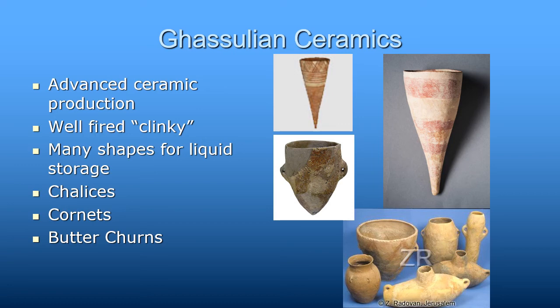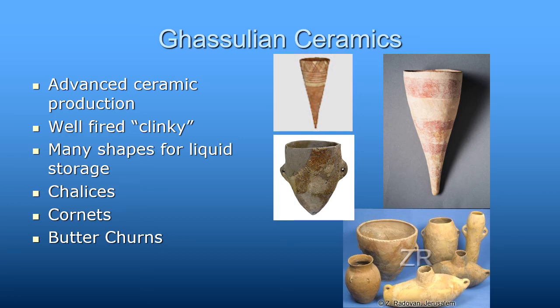They don't use the fast wheel for throwing, but the vessels themselves are usually very thin. What they do is make the vessels probably from coiling, and then as they turn these on a slow wheel, they have a stone or something that they're basically scraping to thin the vessel out to a very thin shape.